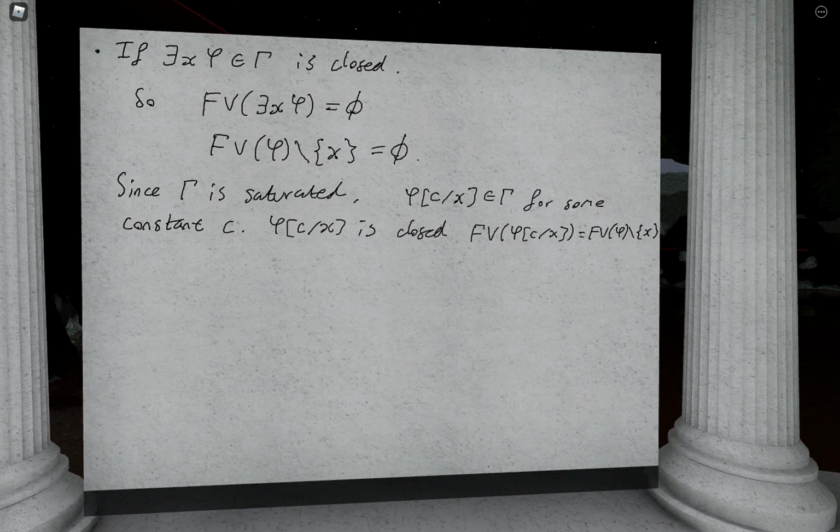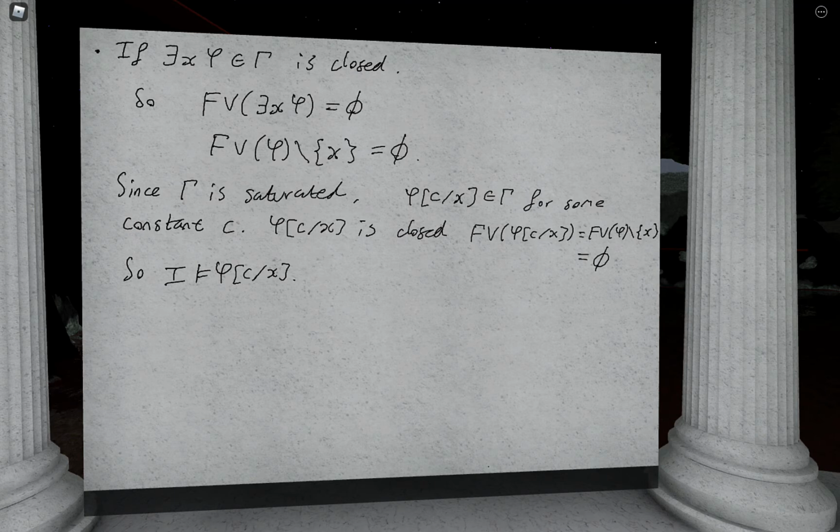And no more variables are introduced because c is just a constant. But I know that this is an empty set. So that's exactly what it means for phi c for x to be closed. So I can apply the inductive hypothesis to phi c for x. So phi c for x is true in the interpretation I.